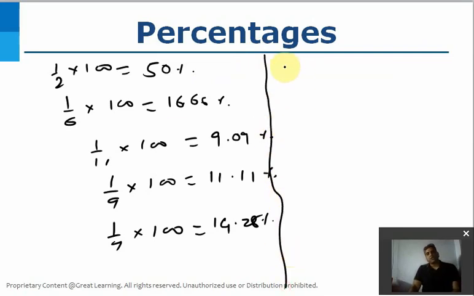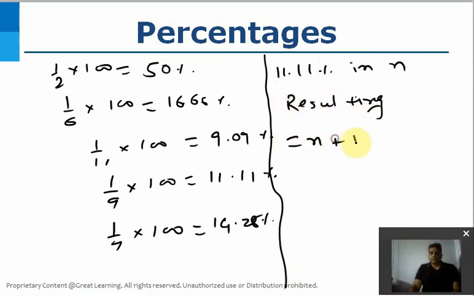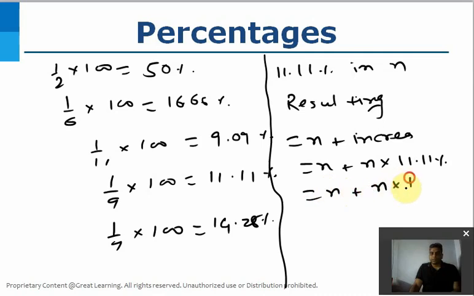Then we saw what happens when there is an increase in a number. Suppose there is an increase of 11.11% in n, and we need to find out what n should be multiplied by to get the resulting number. The resulting number is n plus the increase. Increase is n into 11.11%, and 11.11% I know is 1 by 9.